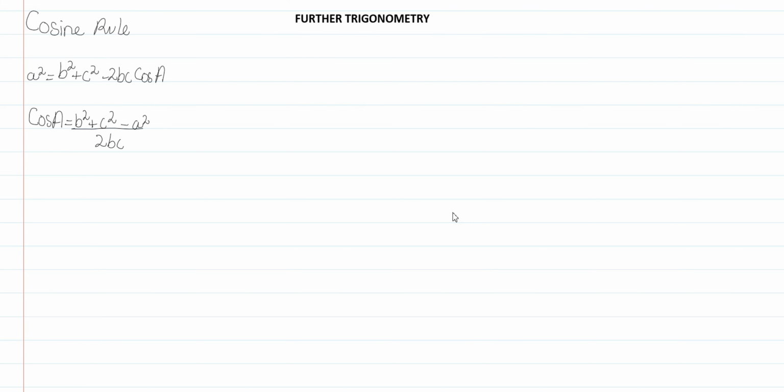Okay, this formula is used when you have to find the length, and this one is for when you have to find out the angle. Okay, these two are the formula.